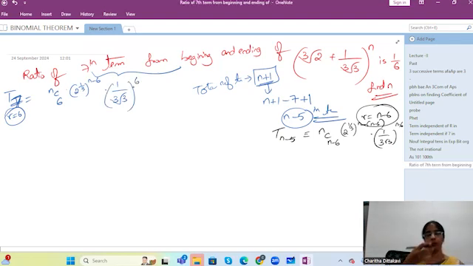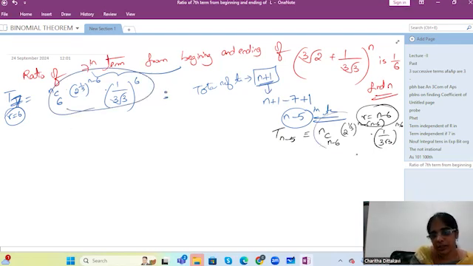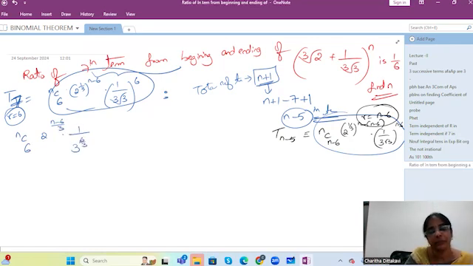Now I am going to write the ratio of this to this, so let us write it carefully. nC6, 2 to the power n minus 6 by 3, into 1 by 3 to the power 6 by 3. Is that clear? Because 3 to the power 1 by 3, again whole to the power 6.